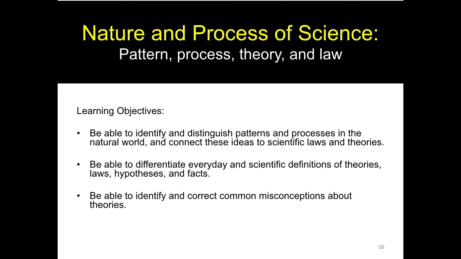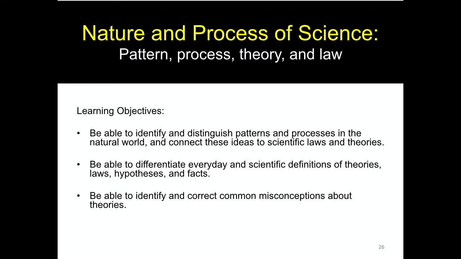So, today we've talked about the nature and process of science, in particular the ideas of pattern, process, theory, and law. At this point, you should be able to identify and distinguish patterns and processes, given any type of example in biology, chemistry, or just daily life. You should be able to connect these ideas to scientific meanings of the terms laws and theories.